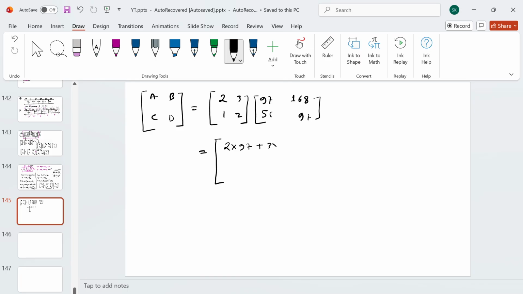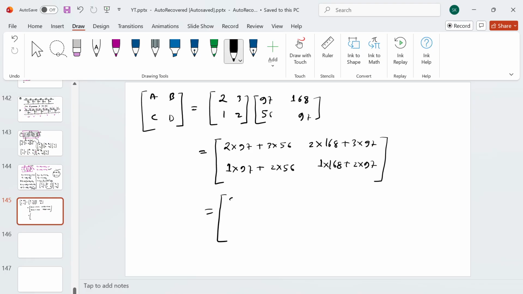Plus 3 into 56, 2 into 168 plus 3 into 97, 1 into 97 plus 2 into 56, 1 into 168 plus 2 into 97, 2 into 97 plus 3 into 56. 2 into 168 plus 3 into 97, 97 plus 2 into 56, 2 into 97 plus 3 into 56.